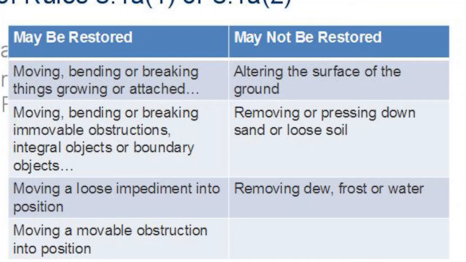Some things that may not be restored are altering the surface of the ground. So if you take the Laura Davies example in the middle of the fairway and pound it in there to create a bump for some reason, and you go, oh, I can't do that, and you try to smooth it out, too late. You cannot fix that. You're penalized in that situation. Removing or pressing down loose soil, or the dew, frost, or water: once you move those items out of the way, you can't just put them back and be okay. You're going to be penalized.